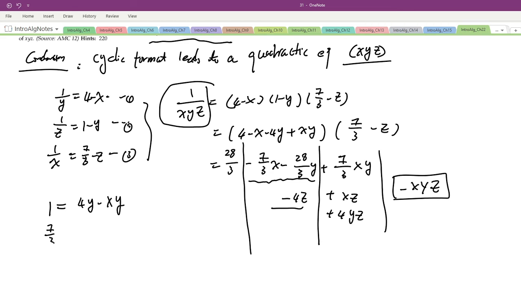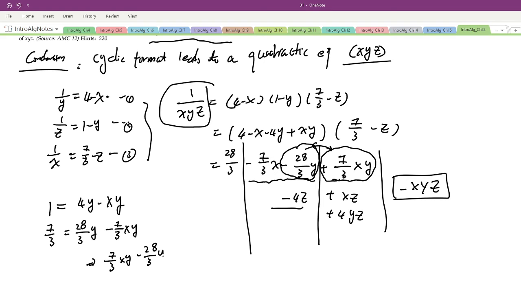So 7 over 3 equals 28 over 3 of y minus 7 over 3 of xy. So you can see 7 over 3 of xy here, right? And the negative 28 over 3 of y. Did you see it? This means 7 over 3 xy minus 28 over 3 of y is negative 7 over 3.